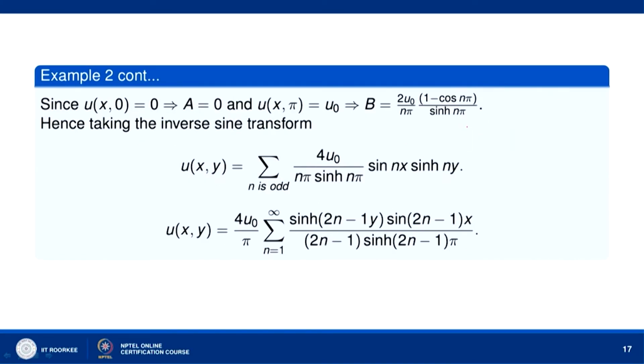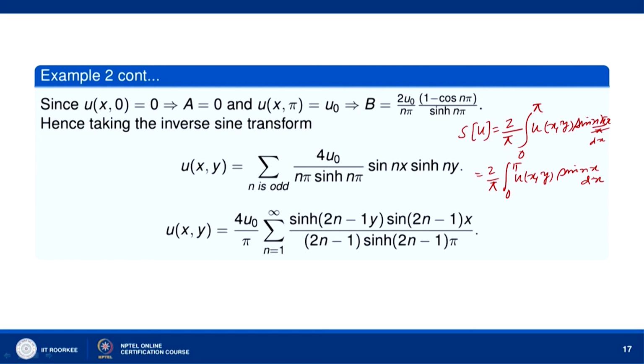Now, what we have is S of u equal to 2 over pi integral 0 to pi u(x, y) sin(n pi x over pi) dx. This pi will cancel with this pi, we have 2 over pi integral 0 to pi u(x, y) sin(n x) dx. Now, put y equal to 0 here.